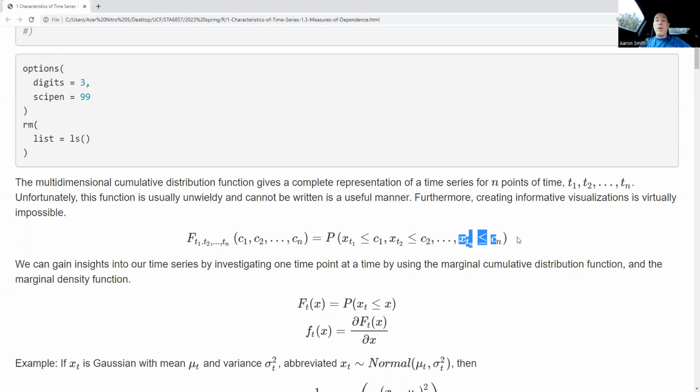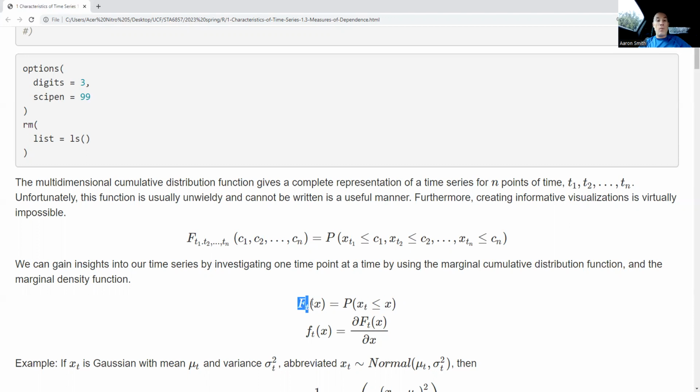Now, very quickly, this will not be feasible for humans to interpret. Maybe with 3 dimensions you could work out some inference. With 2, you could probably do something, but really this is too much for us to work with. So instead of working with the whole kit and caboodle, we're going to work with something that's easier for humans to interpret, and just look at one dimension at a time, or one point of time along our time series, and take a look at the probability that our time series at a given time will be less than or equal to a particular value.